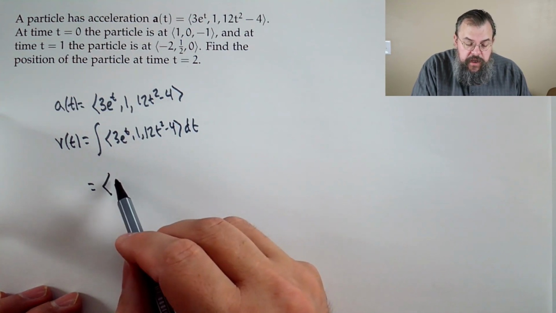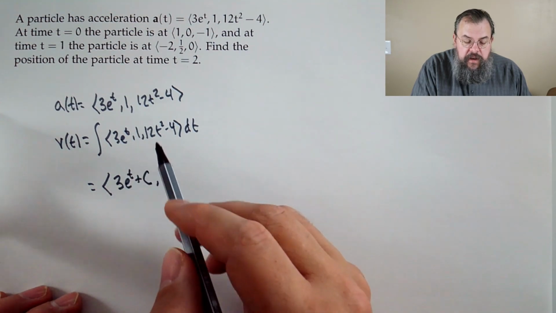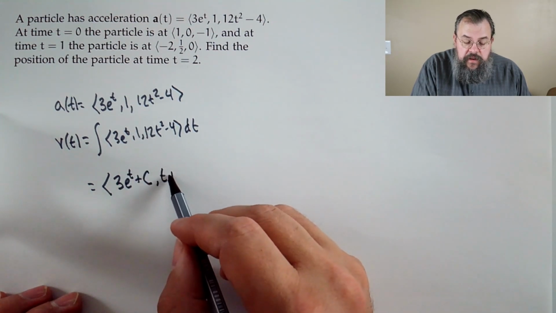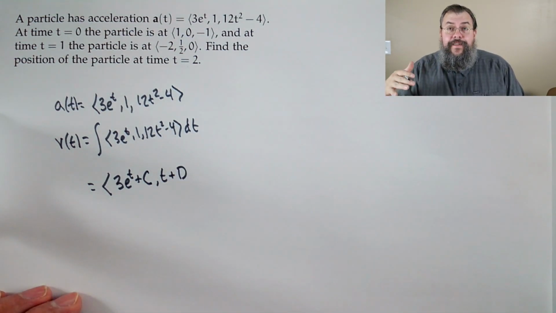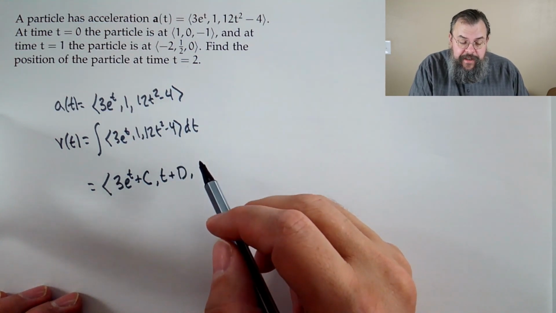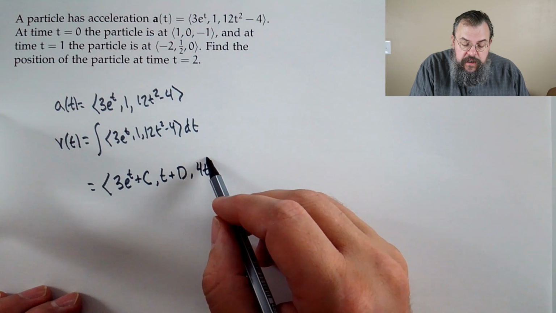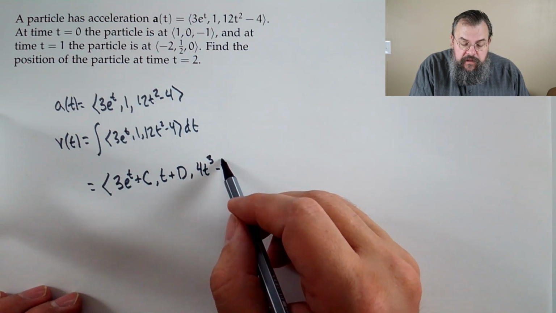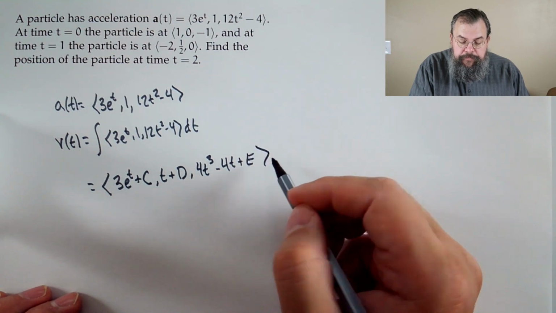So it would be 3e^t plus some constant c. Then t plus another constant, we'll write d, because they're different constants. And then 12t squared, antiderivative of that would be 4t³ − 4t plus another constant.